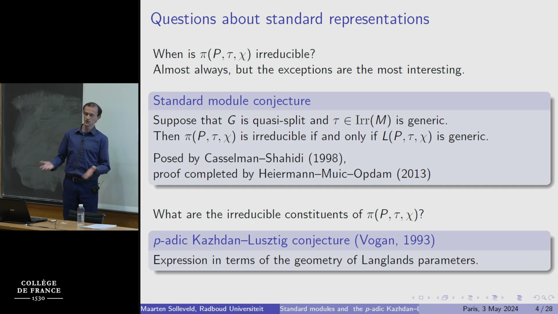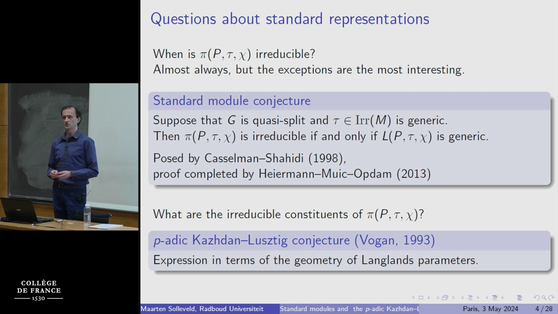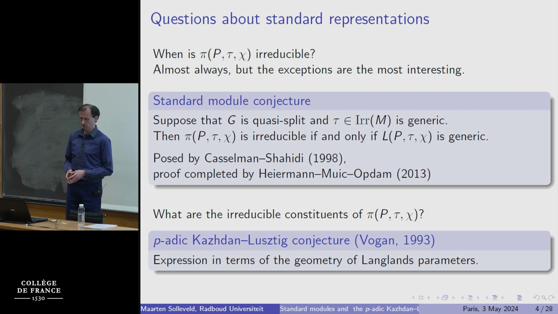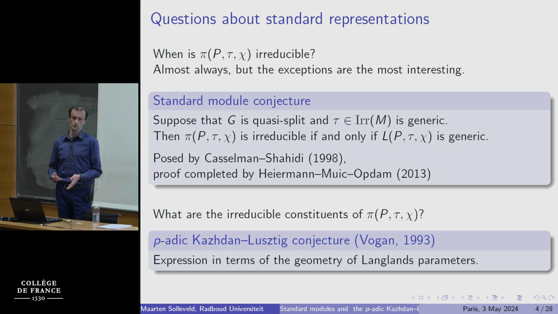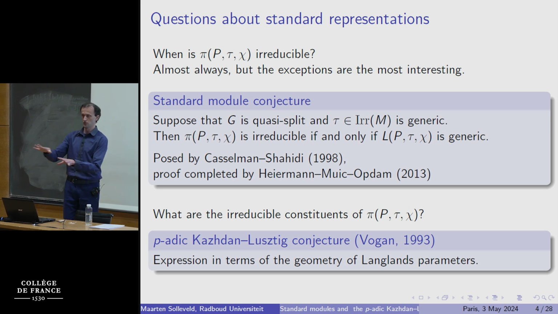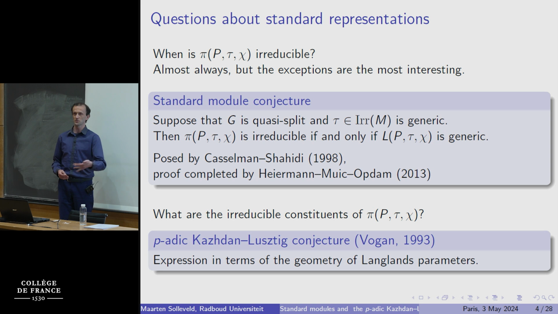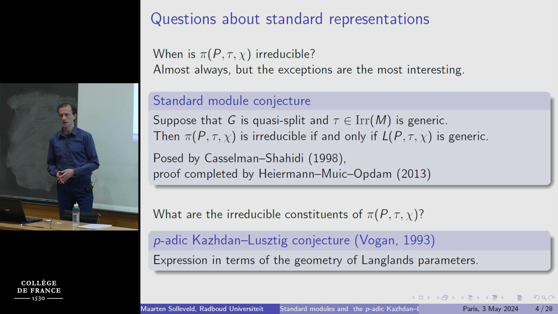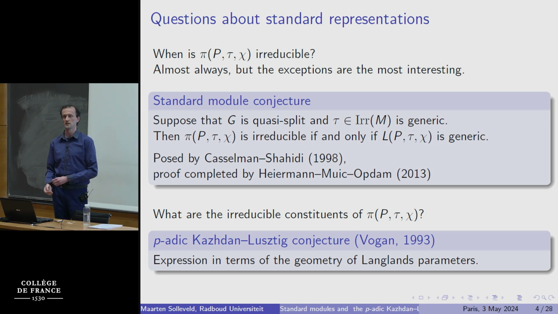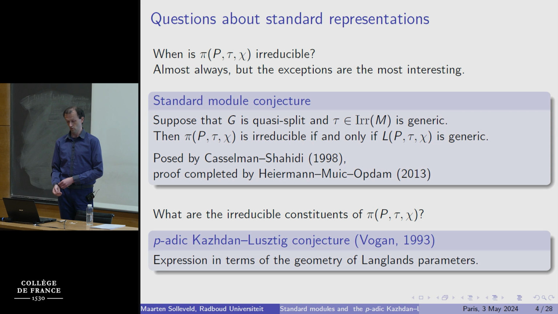It provides some expression of what the irreducible subquotients of a standard representation are, in terms of geometric statements which involve Langlands parameters and nilpotent orbits and local systems, perverse sheaves, all defined in terms of this complex algebraic geometry, which one can build from Langlands parameters, which are associated to p-adic groups. The precise statement I will come up with later. It requires some preparation to actually say precisely what it does.